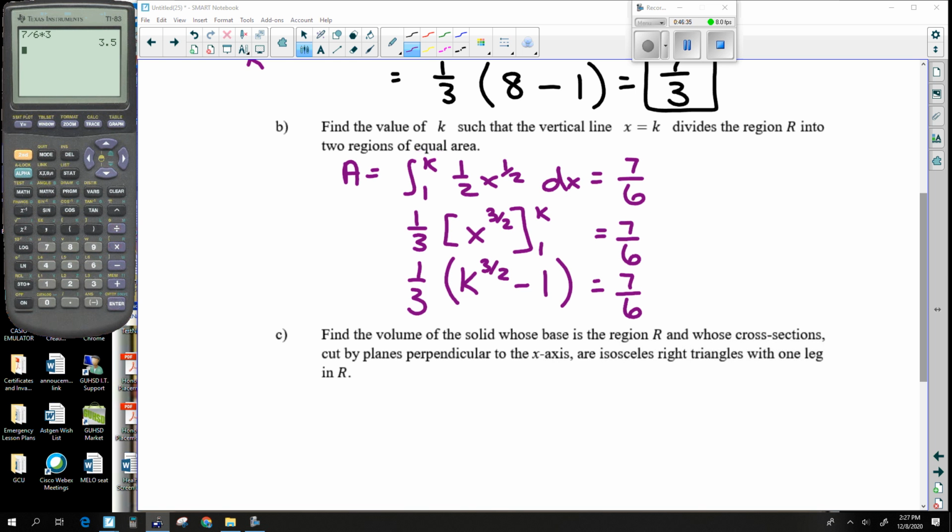The first thing I'm going to do is multiply by 3. That leaves me with k to the 3/2 minus 1 is equal to 7/2. I'm going to add 1, so k to the 3/2 is going to be equal to 9/2.